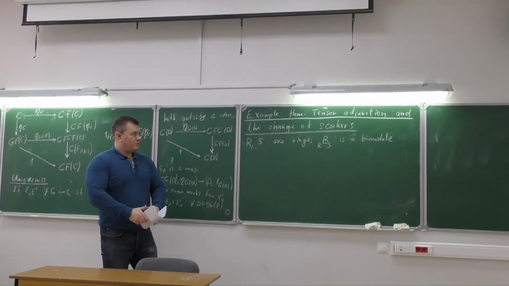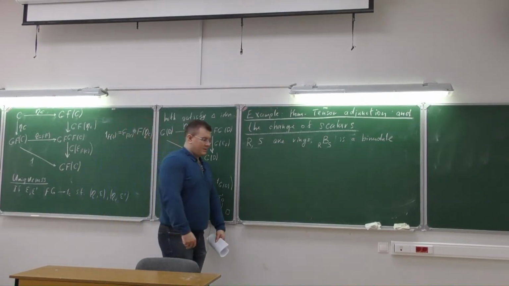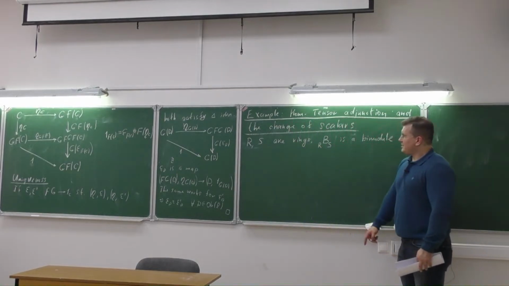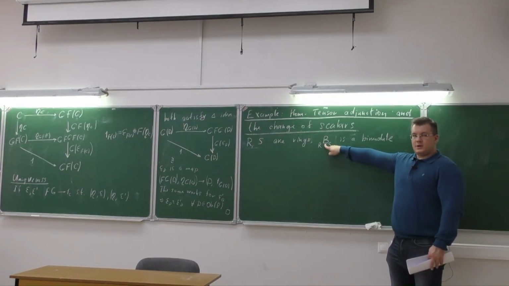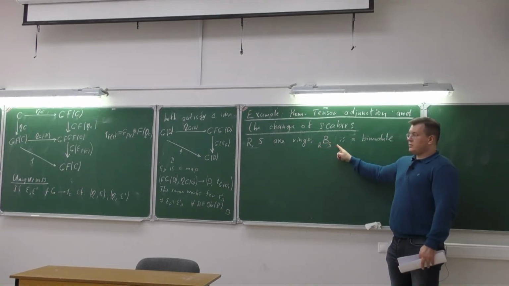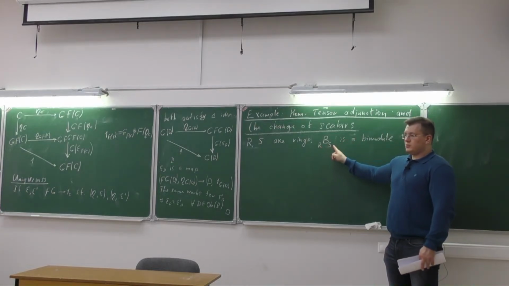Do I need to remind you the definition of a bimodule? Well, maybe if you don't explicitly ask me to, I still do this, but without writing anything on the blackboard. This means this is an abelian group on which the ring R is acting on the left. This is why I'm writing R on the left. There is an action of the ring S on the right. And the additional last axiom in the definition of a bimodule is that these two actions commute, in the sense that this is associative.